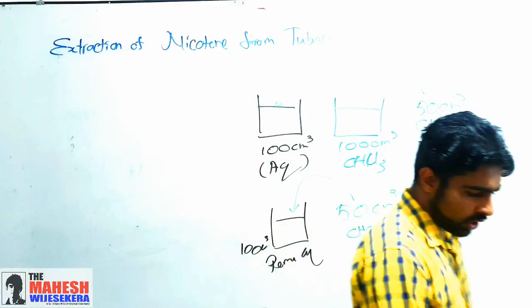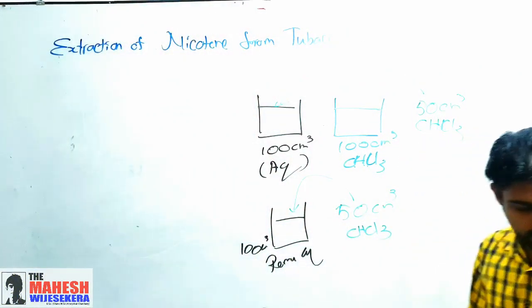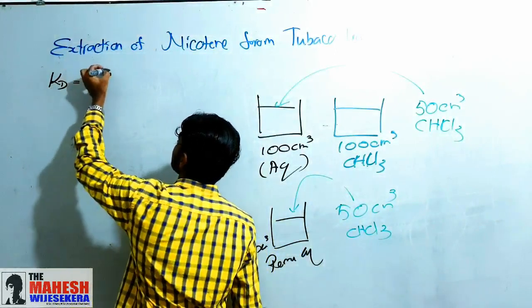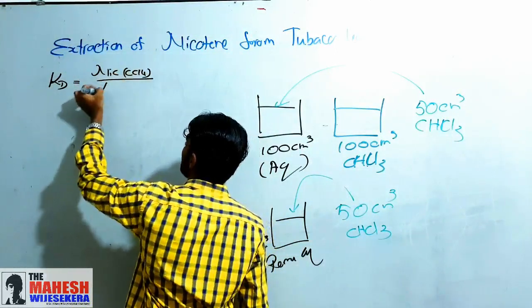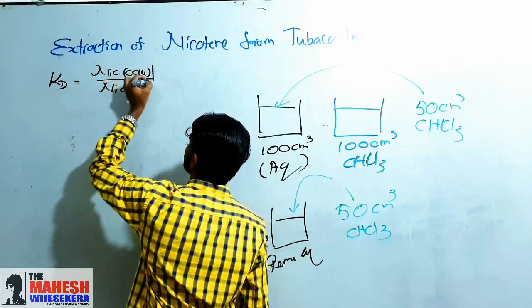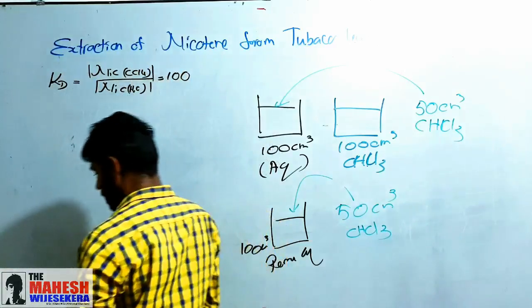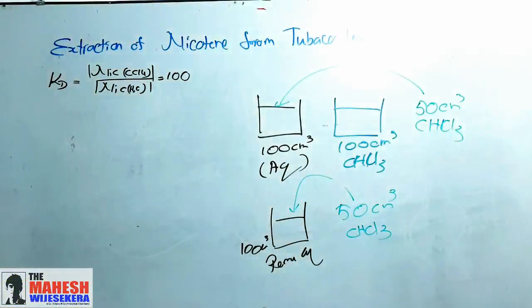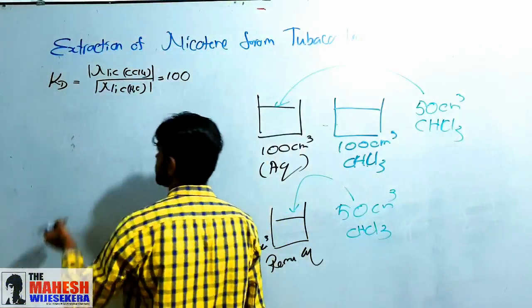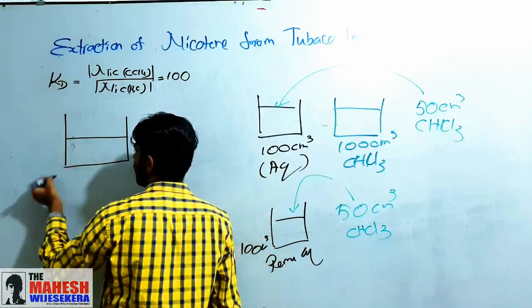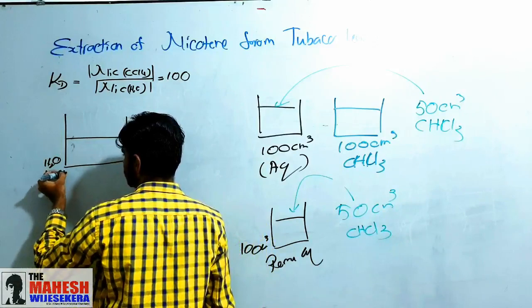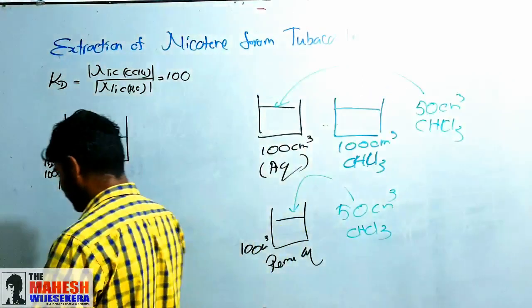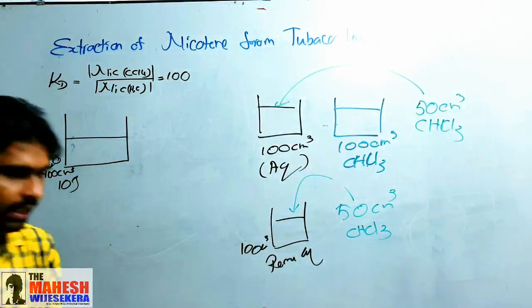The distribution coefficient of nicotine in CCl4 and water is 100. 100 cubic centimeters of water contain 10 grams of nicotine.